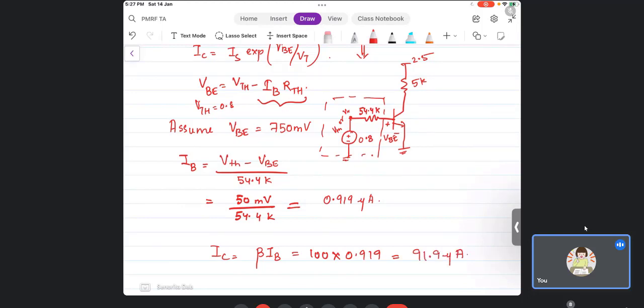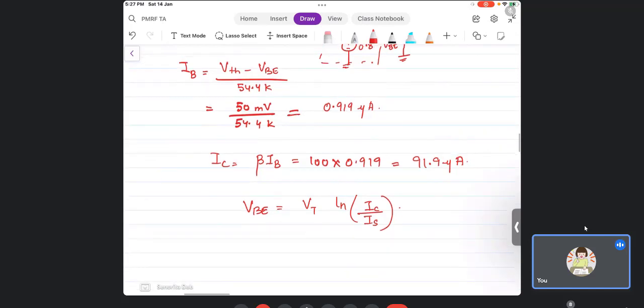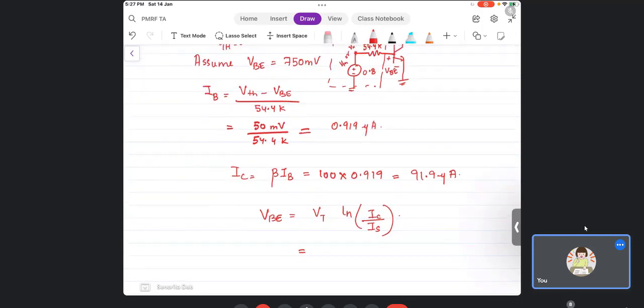Now with this 91.9 microampere, I will find VBE. Again, VT natural log of IC by IS. And this value, tell me what you are getting. You will be getting 776 millivolts.